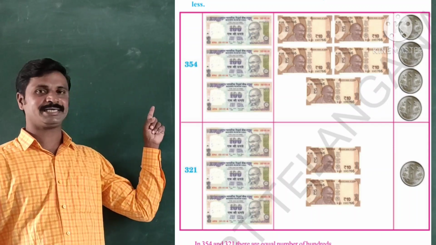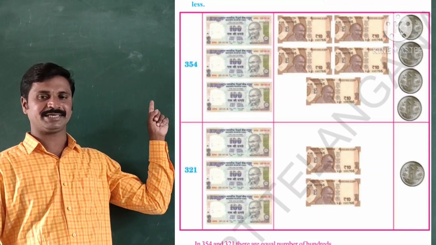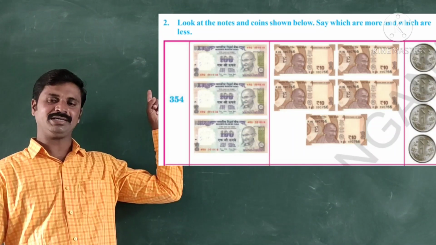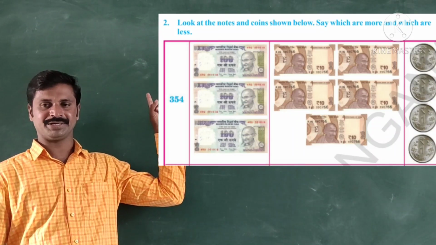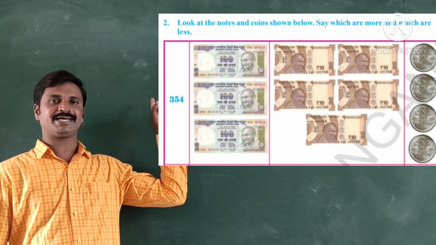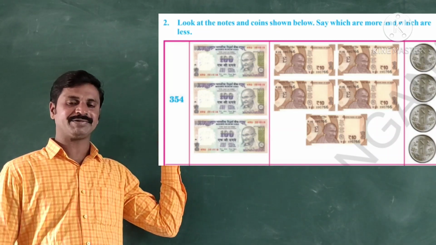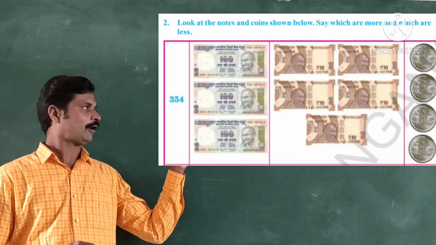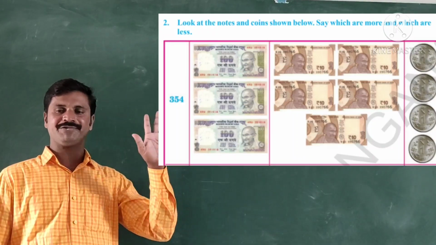How many hundreds are here, children? Very good. There are 300. How many tens are given? In 354, how many tens are there? Very good. 5 tens are there.